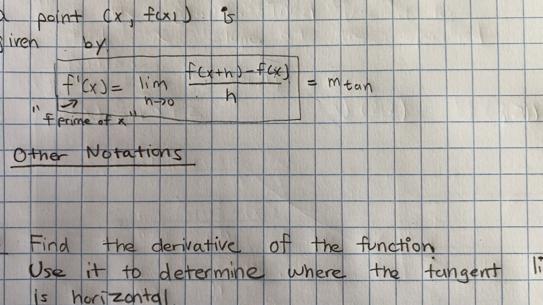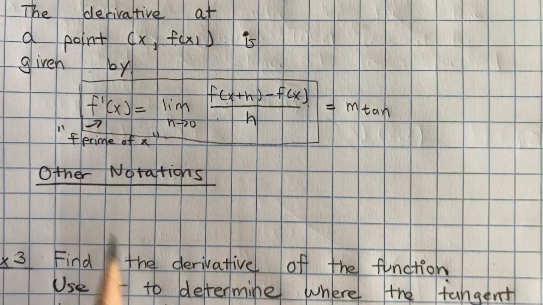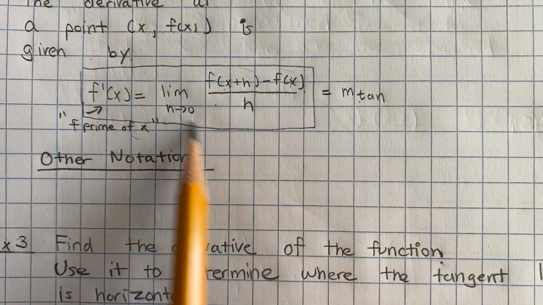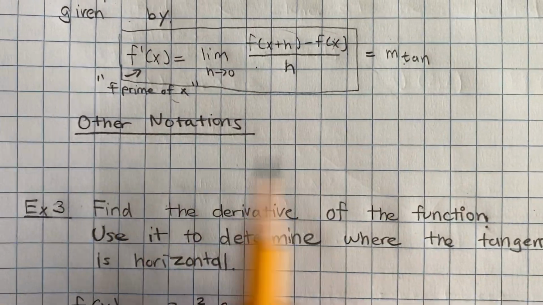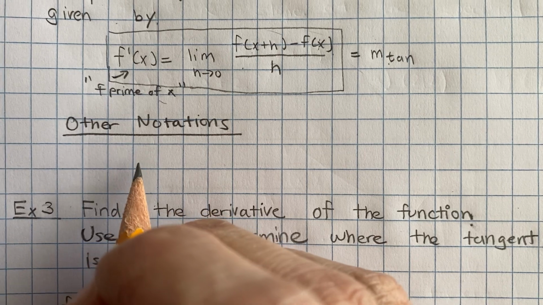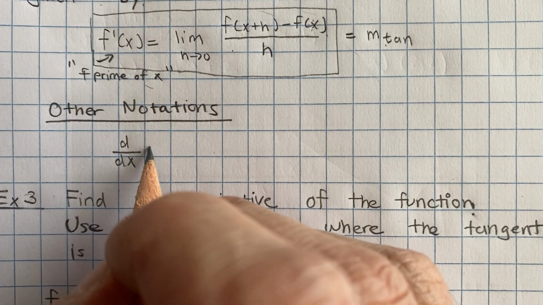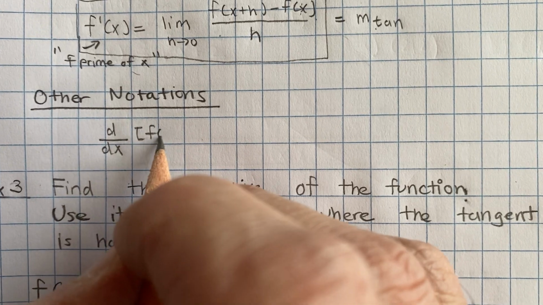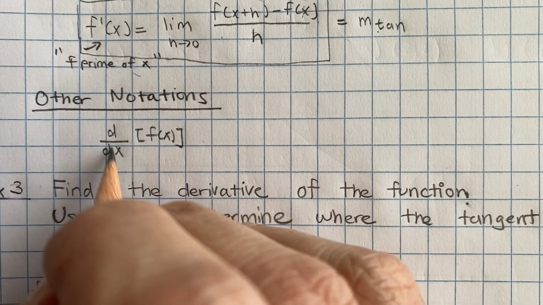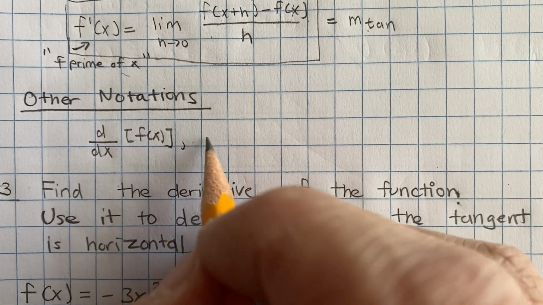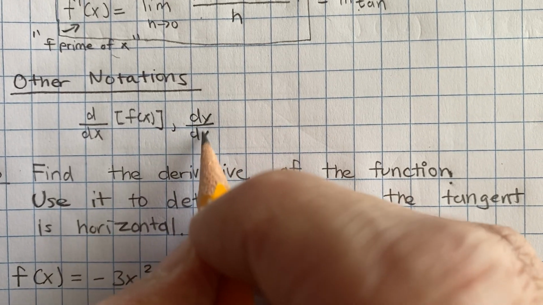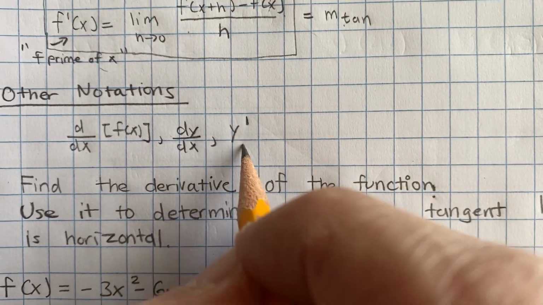The limit definition is basically that f prime of x is the slope of your tangent line, which is this expression right here. There are some other notations that you might see for derivatives, just FYI: d dx of f of x, which is also the first derivative. You might see dy dx, and you also might see y prime.